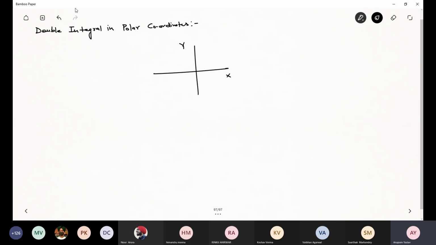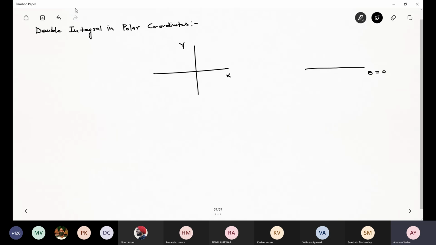What we have is a simple pole, which is the equivalent of the origin in the Cartesian coordinate system, and then we have an initial line like this. This line we represent by the angle theta equals 0.